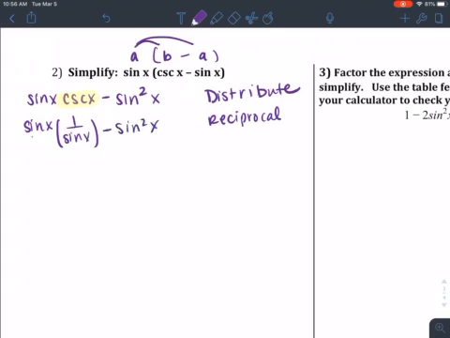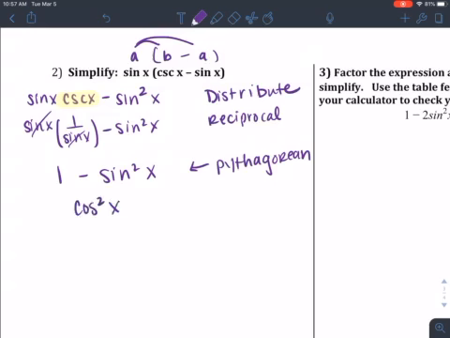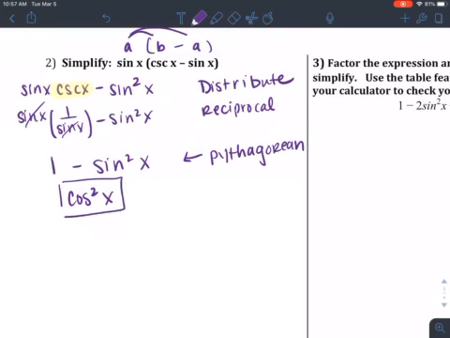And then, boom, these cancel and I get 1 minus sine squared x. And I'm like, whoa, Pythagorean identity. Look at your Pythagorean identities. What is 1 minus sine squared x equal to? Oh yes, it is cosine squared x. And I am done. That looks way better than that. Okay, that's what we're doing, rewriting.